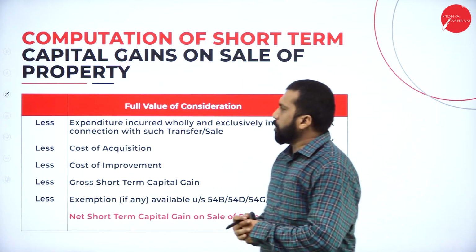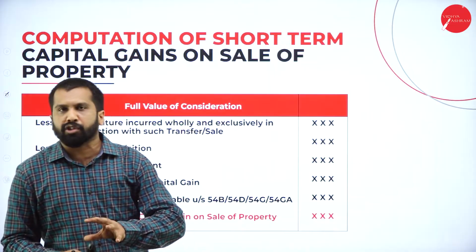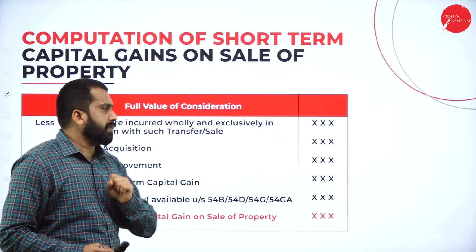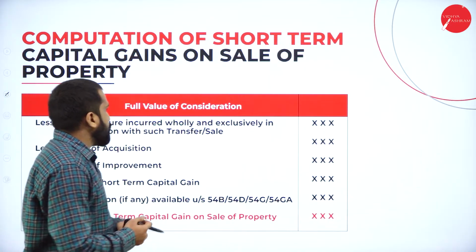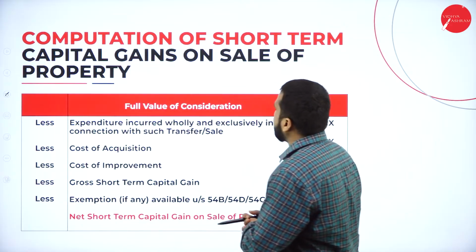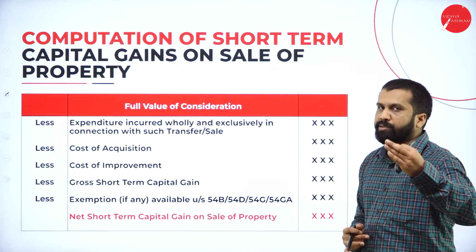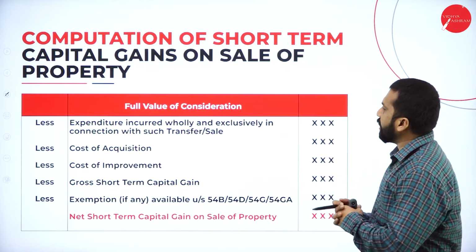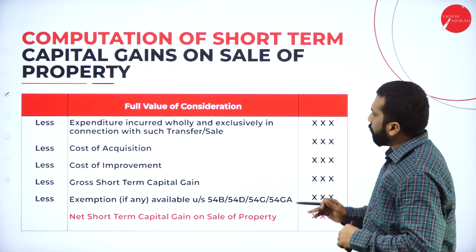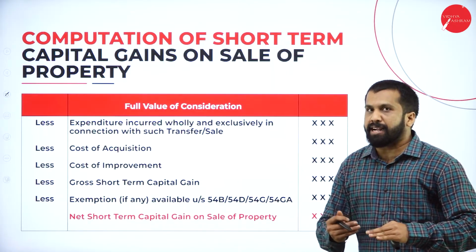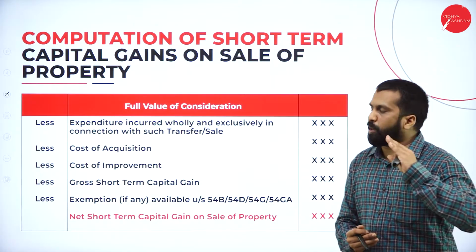Now, we'll go with a small example problem for short term as well as long term. In this, expenditure incurred wholly and exclusively in connection with such transfer. In the last class only, I have given an example. Just assume that the short term is nothing much. Already we have done it. We'll spend much time on long term.